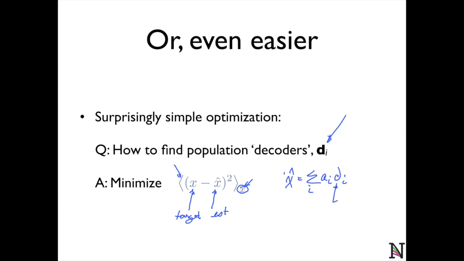So we would plug this in here, and then take the derivative of that error with respect to these d's and minimize it. This turns out to be a standard least squares problem. There are some really nice, efficient methods for finding those d's that we can guarantee are optimal, because it's a quadratic function that we're minimizing here.